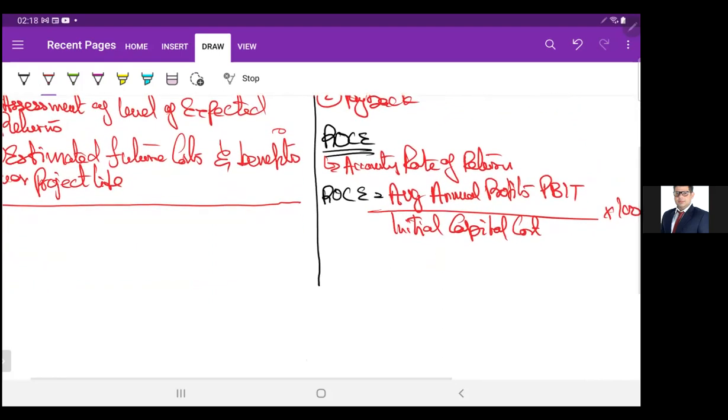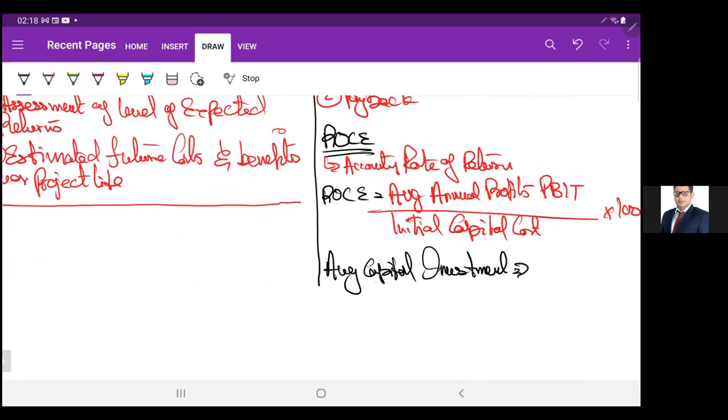Average capital investment can be calculated as follows: average capital investment is equal to initial investment plus scrap value, divided by 2.